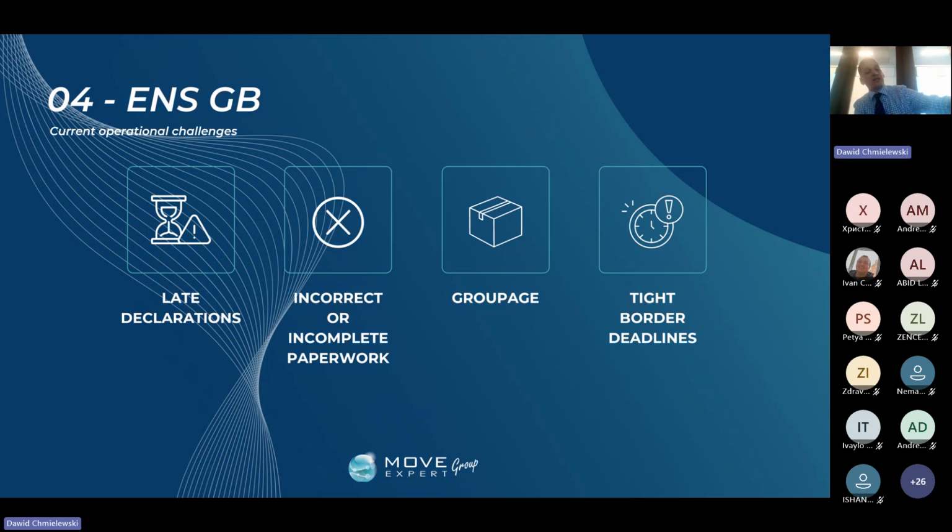One of them being that it is a vital part of GMR declarations, and while the ENS itself allows you to put many consignments within a single declaration, in general, GMR will have to be made per consignment.